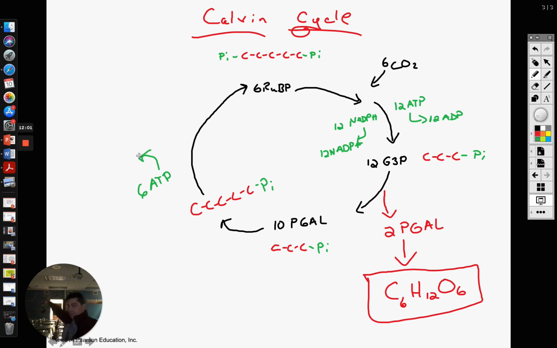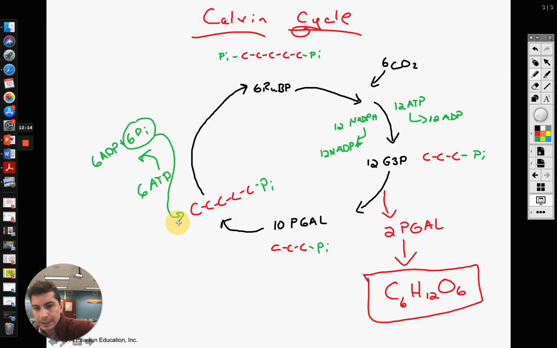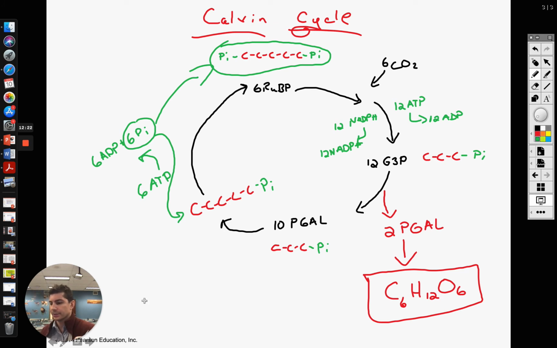And we are going to use those ATPs, and we're going to get 6 ADPs out of it, plus 6 phosphates. Those 6 phosphates are going to go to the other side there, and that's how we are going to get to our RuBP again. And then the cycle will continue.